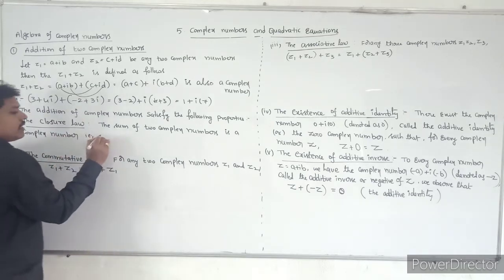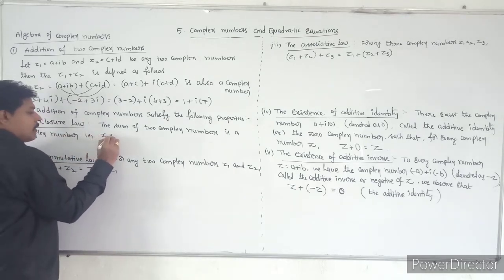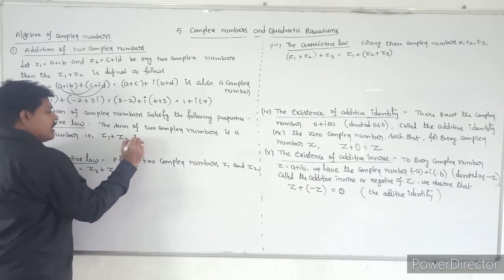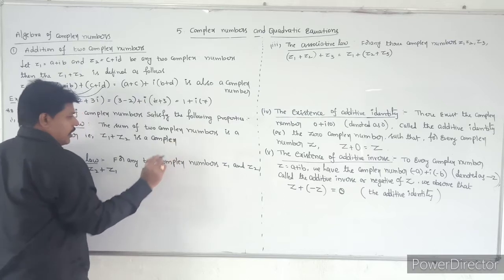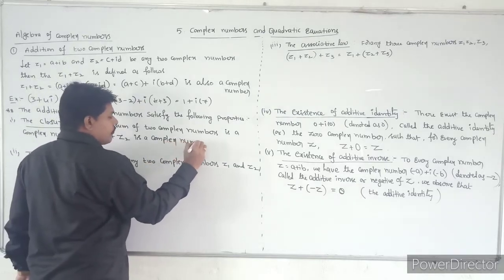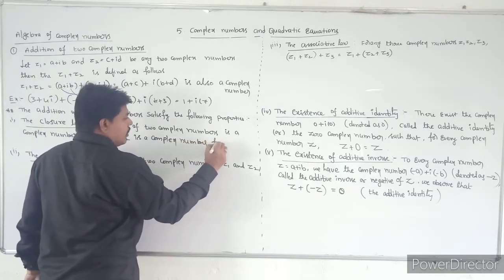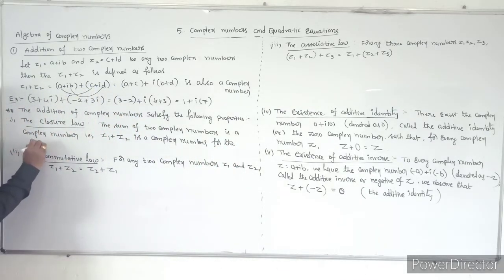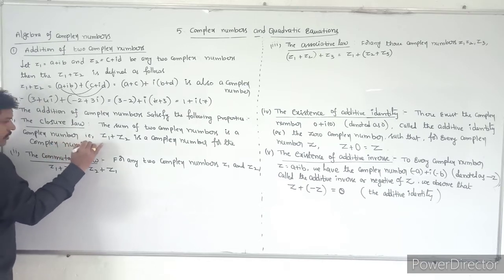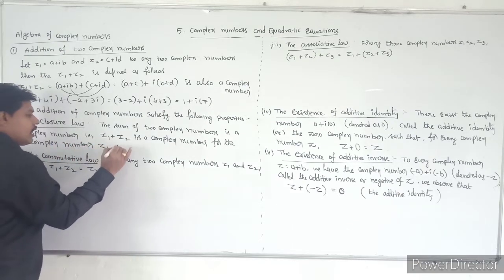That is, Z1 plus Z2 is a complex number for the complex numbers Z1, Z2.